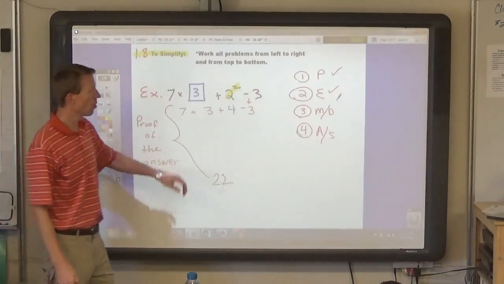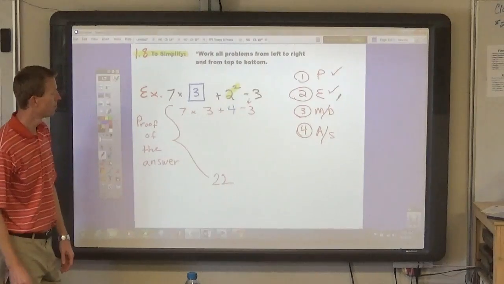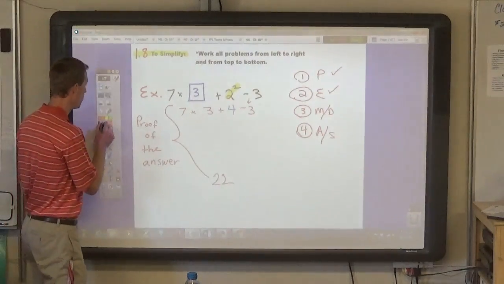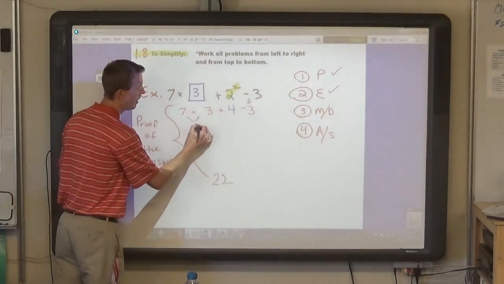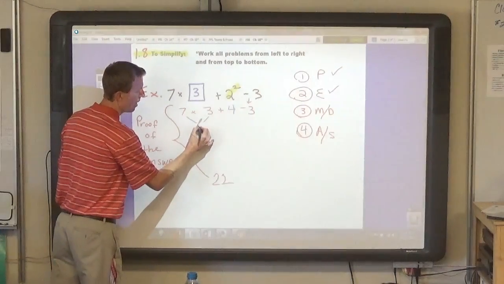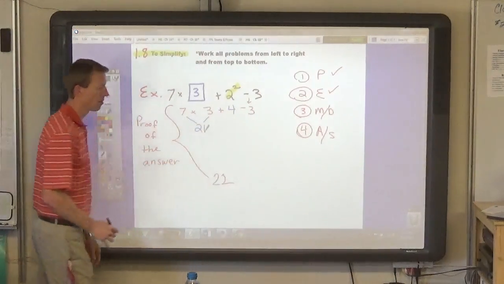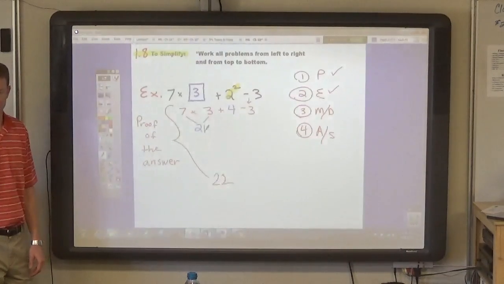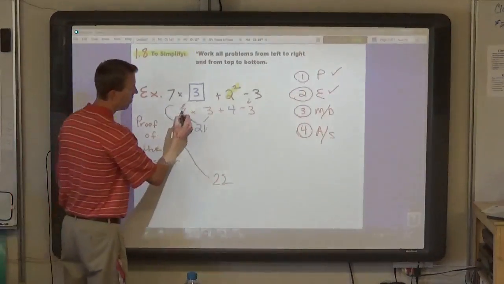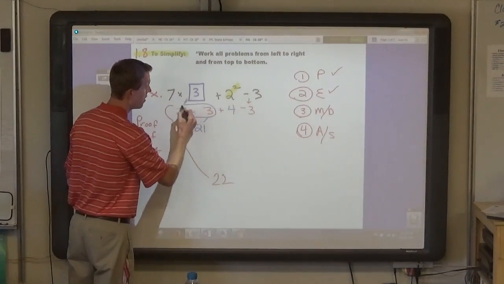The next step is to multiply or divide. So we can move to 7 times 3 and write 21 right underneath 7 times 3. That shows that this is done.